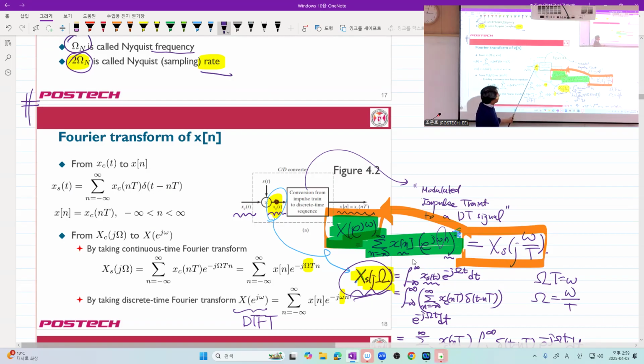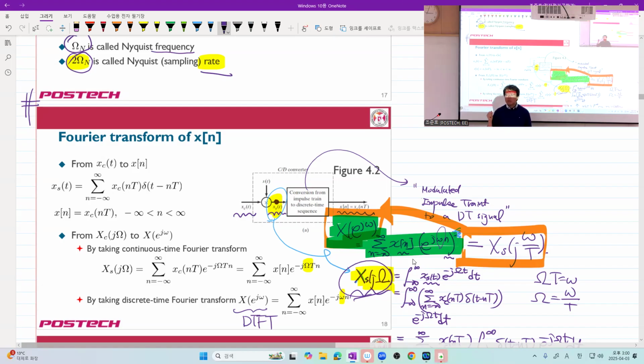Now, if you convert that one to a discrete time signal, this period becomes always 2 pi. So from here to there, if you just take a look at the output DTFT, you lose one piece of information. What information? The sampling frequency. Because every sampled signal's DTFT shows period 2 pi, not the original sampling frequency.